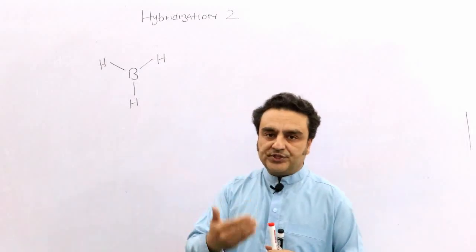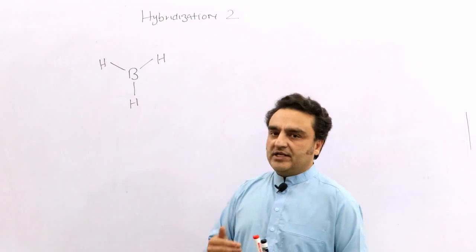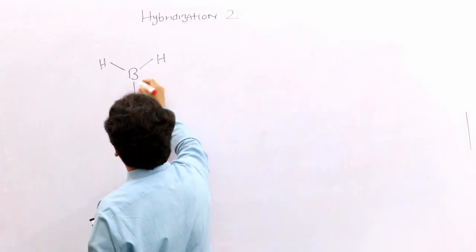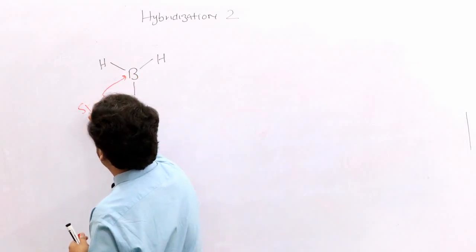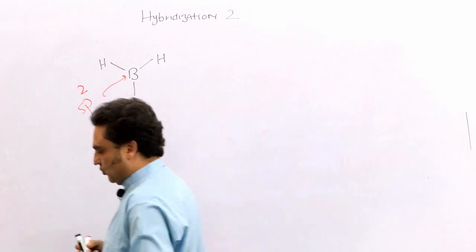I should not repeat the boron electron configuration, because you know it, and it will make this a little more lengthy. So this is sp2, or sp squared, and all these bonds are sp2.